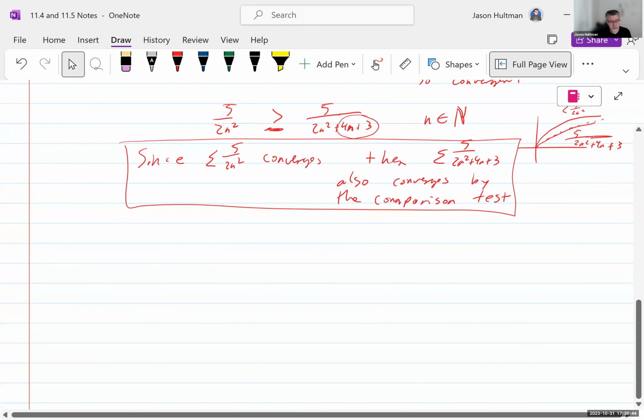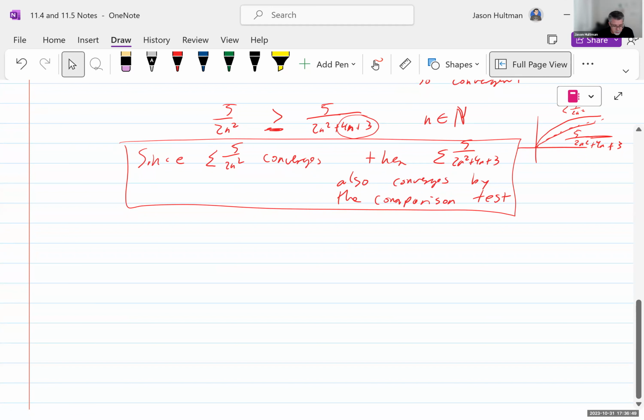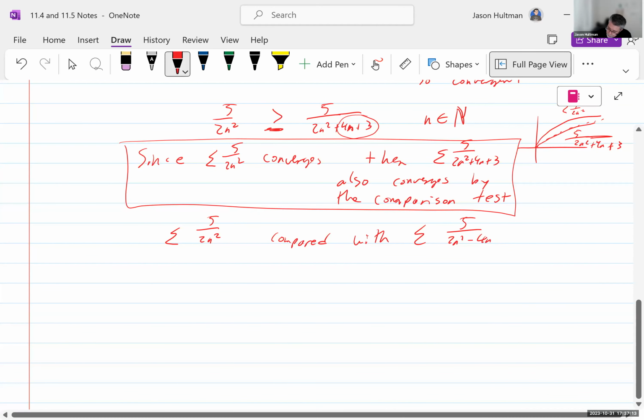Sometimes the comparison test kind of goes the wrong direction. For example, if I tried the previous problem and it was 5 over 2n squared compared with the summation of 5 over 2n squared minus 4n minus 3, then we couldn't use the comparison test.